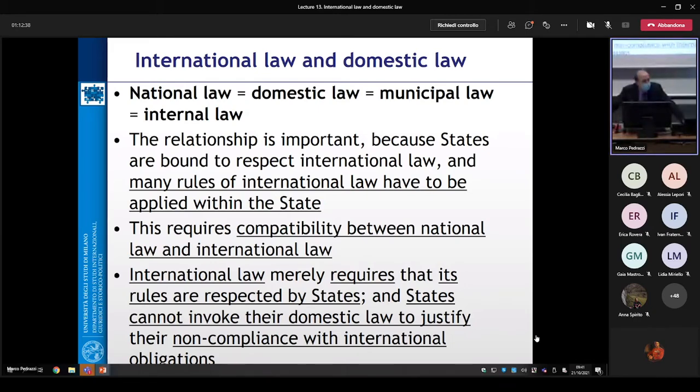We have already mentioned this several times. So how a state complies with international law will be decided by the state itself. What matters for international law is that the state respects international law.